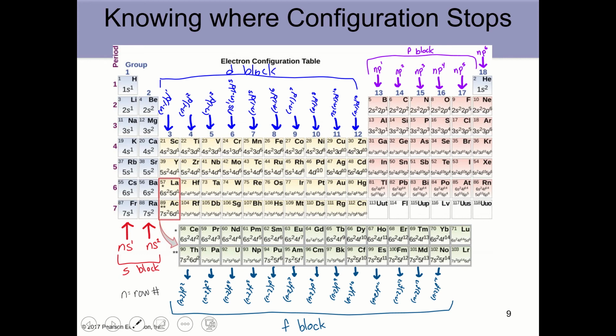As you go across the block, it ends at a different number of D. And the number that precedes the D is actually going to be the row number minus 1.